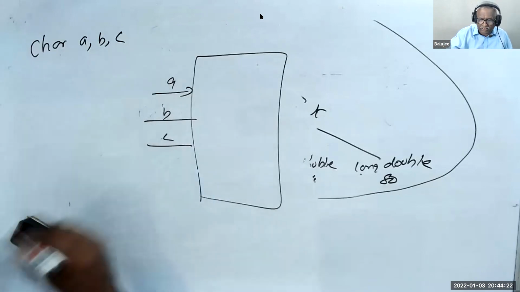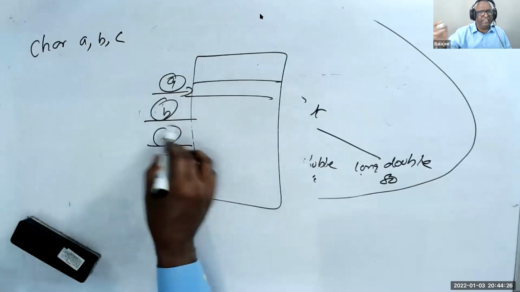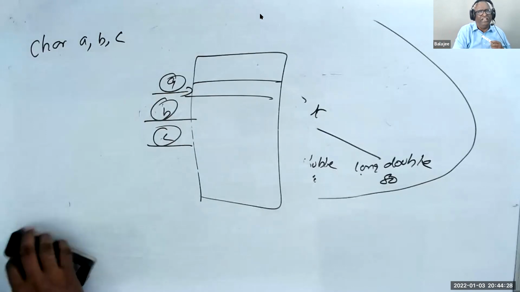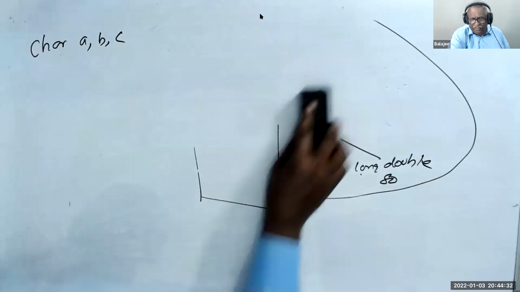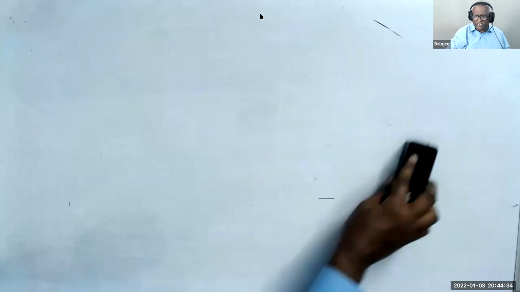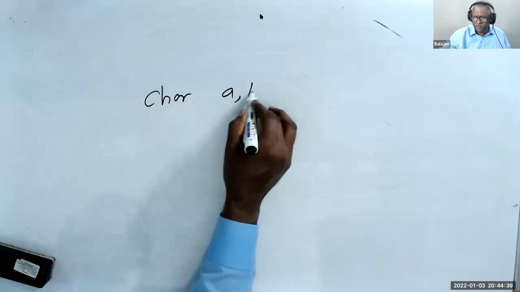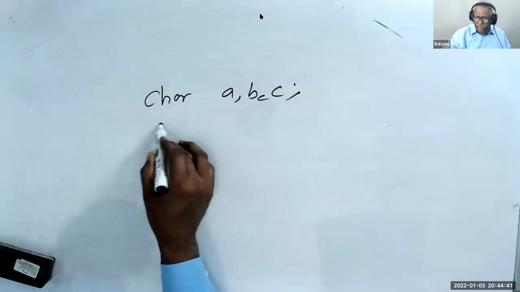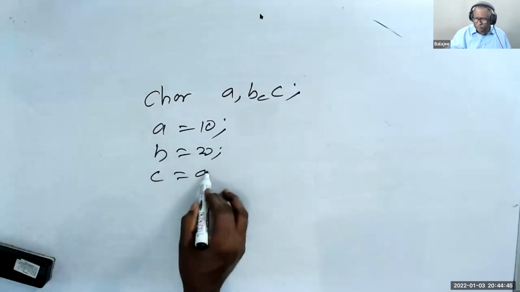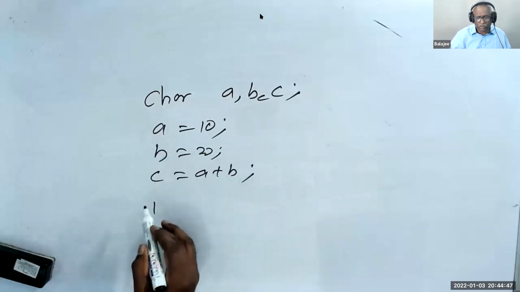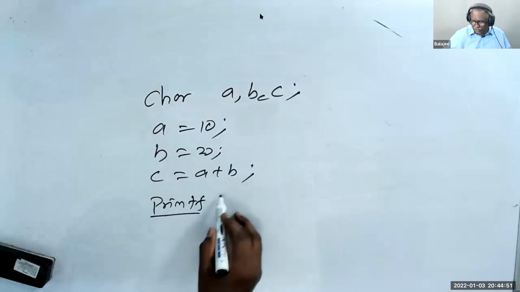Don't worry about where, initially. But if I tell the computer, char A, B, C, A equal to 10, B equal to 20, C is equal to A plus B, then printf. I'll explain later. That's why I didn't do that.